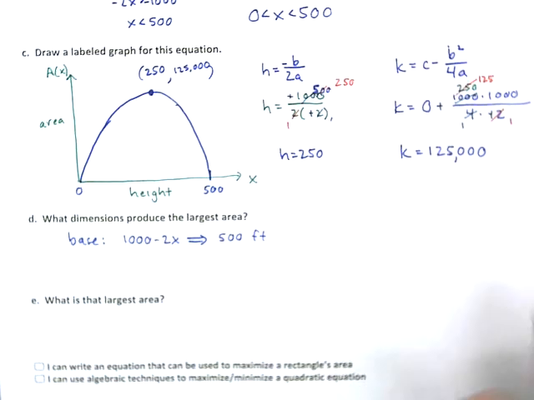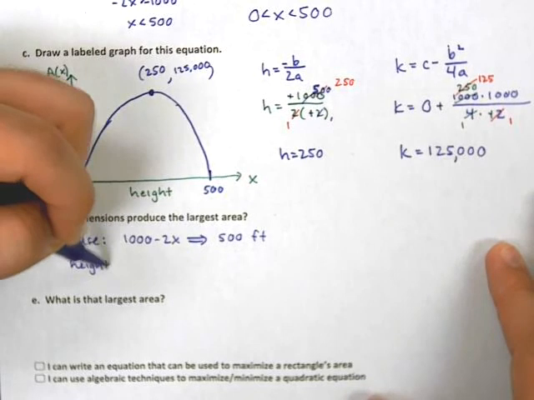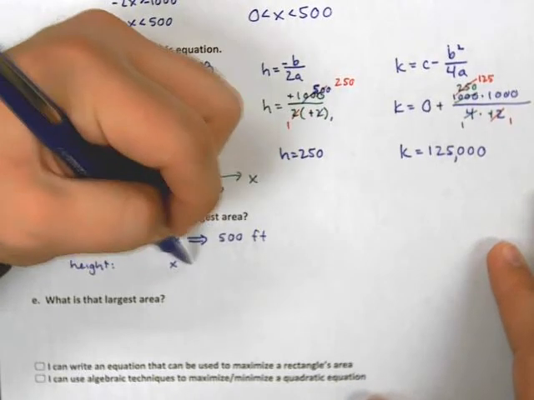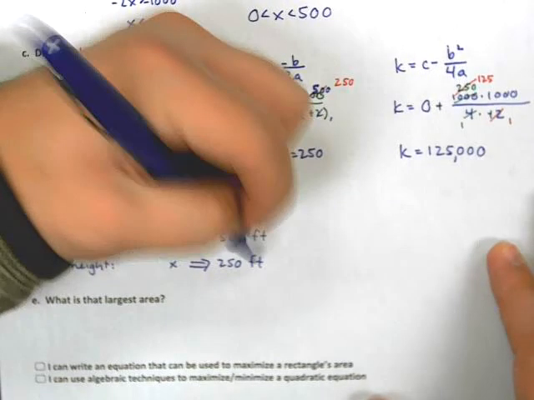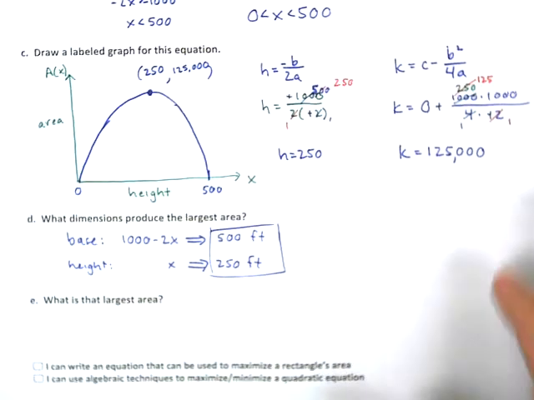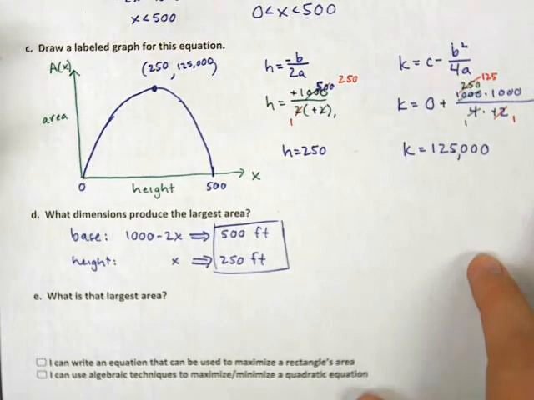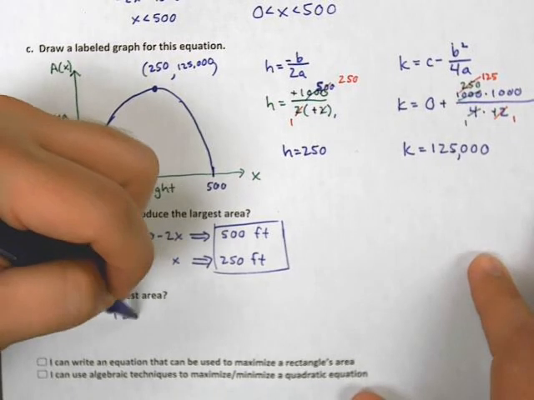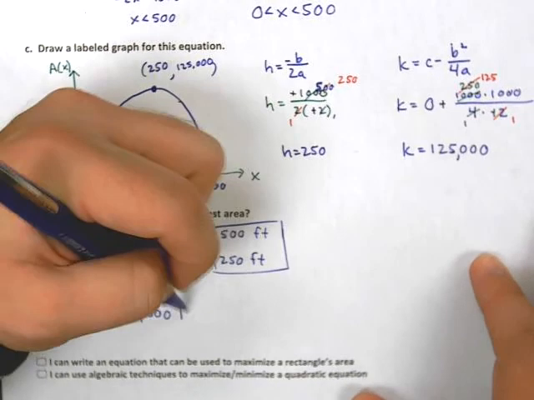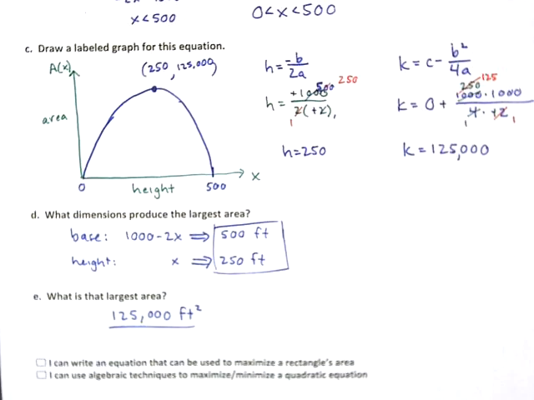Please make sure to be careful on that. And let's see, height. Height's just x. And x was 250. So now I have my dimensions. Lastly, the area is just the k value, or the y value of the maximum. So 125,000 feet squared.